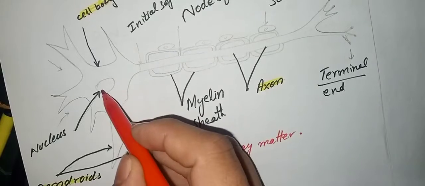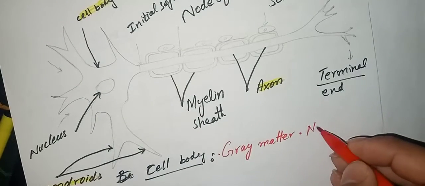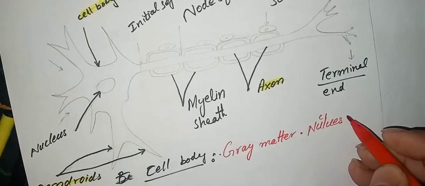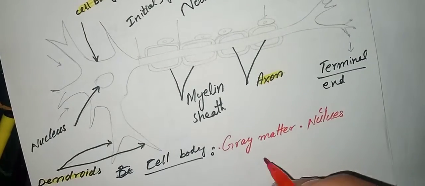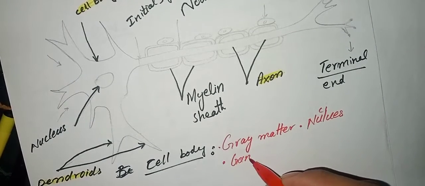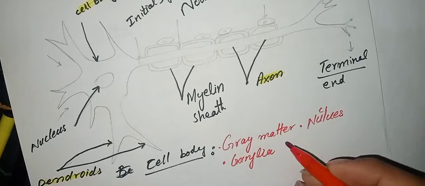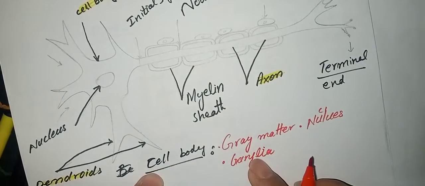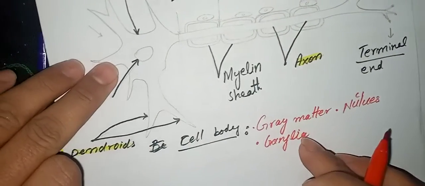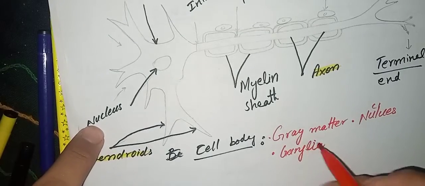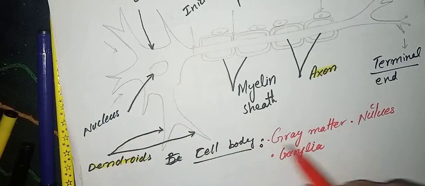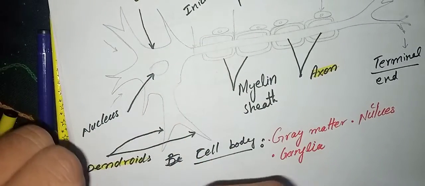Second, the nucleus, and the third point is ganglia. The cell body contains these three things. The first is gray matter, which is present here, and the nucleus and ganglia are also present there.